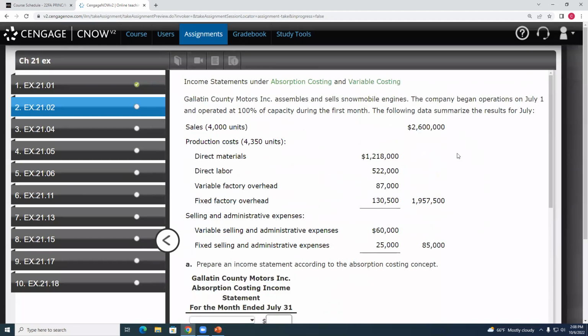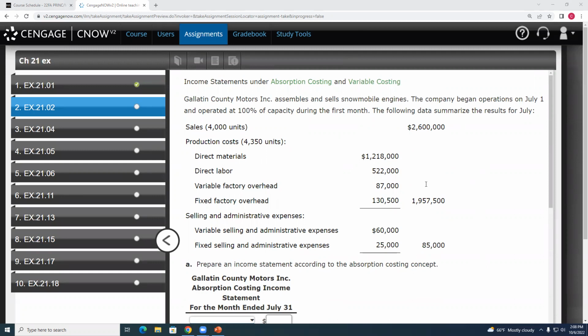Let me do just a quick calculation here. I'm going to write it over here on the side because we have a nice big white space there. So if I take our direct materials, direct labor, and variable factory overhead, I'm just going to add those together.